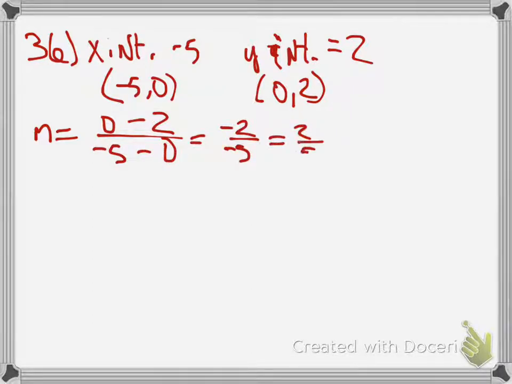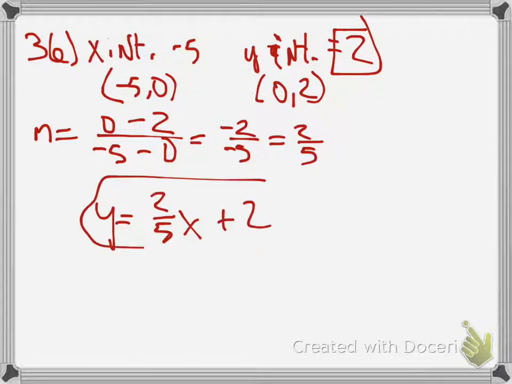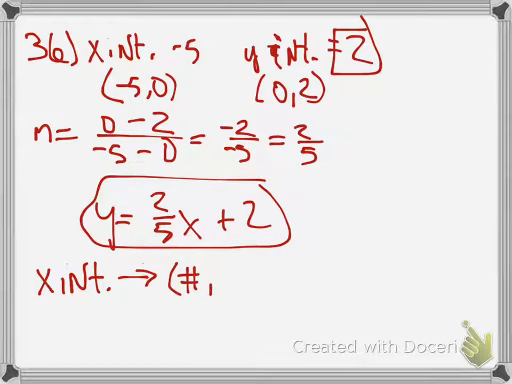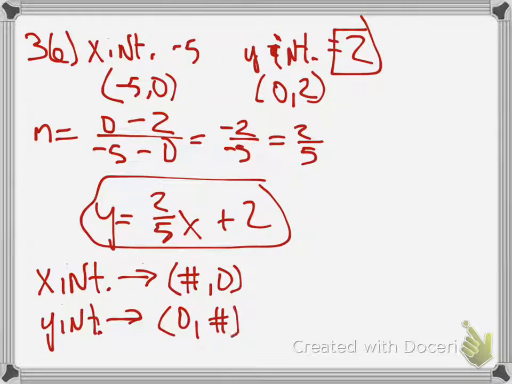So once you have your slope and your y-intercept, you would have your answer, -2/5 x plus 2. So what I would make note of, just in case you get this question, if you get an x-intercept, remember, it's always going to be that number that they gave you, 0. The y-intercept, you can convert it to a point, or think of it as a point, as 0, whatever number they give you. So just kind of remember that. And that should help you with that.